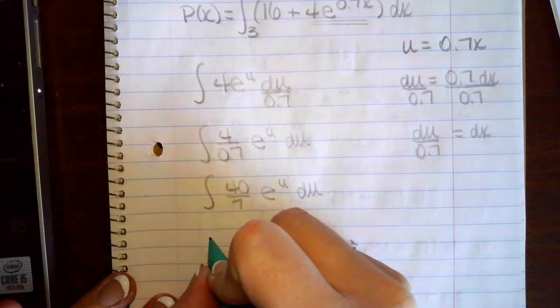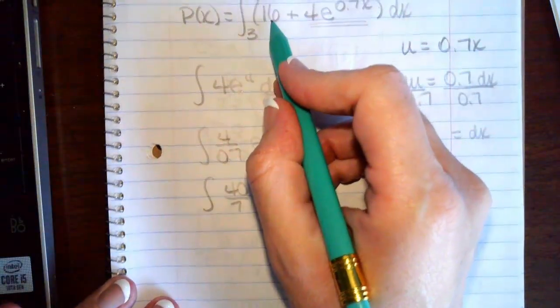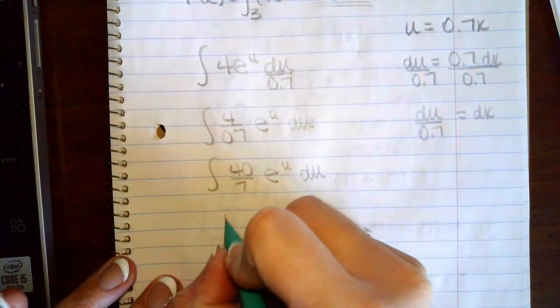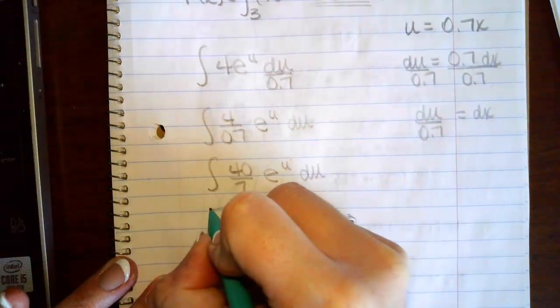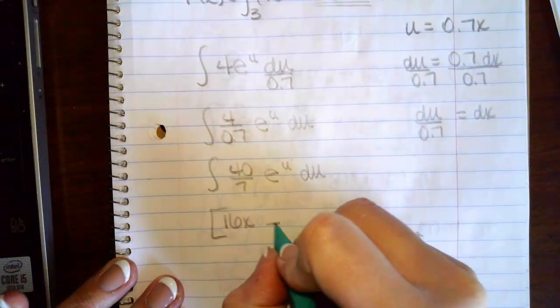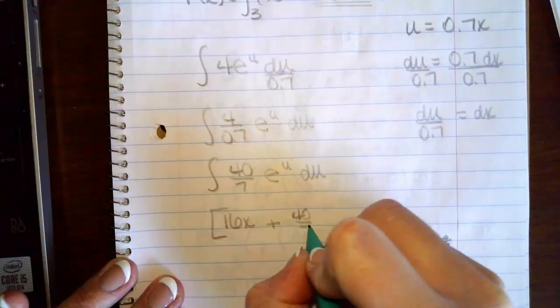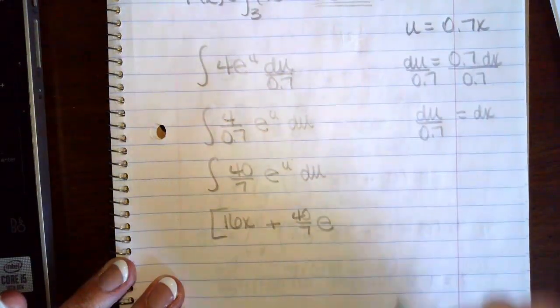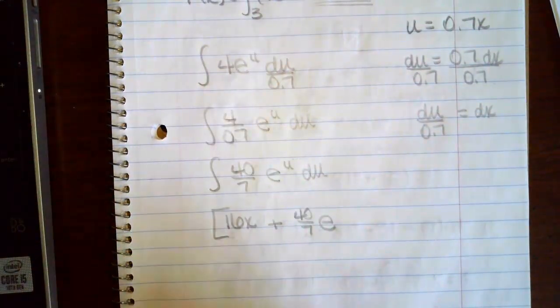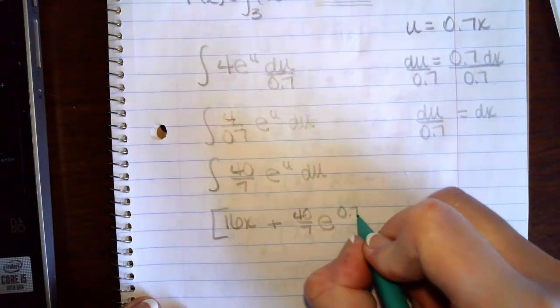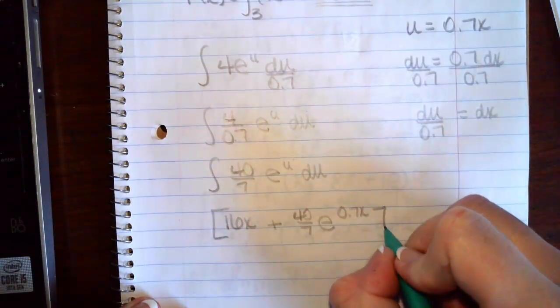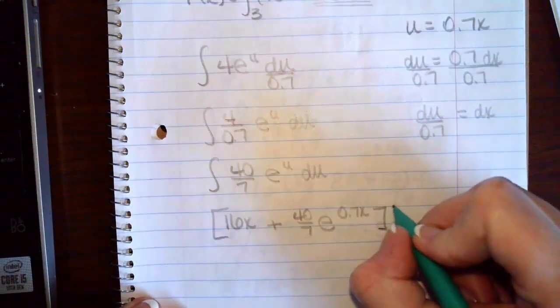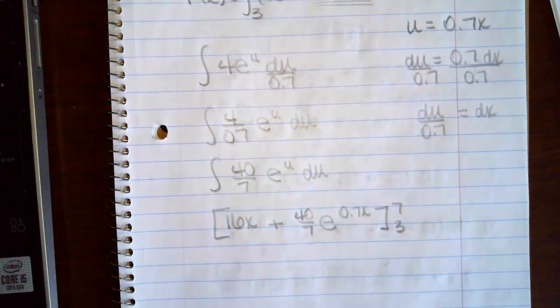So I now have the integral of 16 becomes 16x. The integral of 40/7 e to the u becomes 40/7 e to the u, which is 0.7x. And I'm going to take that from 3 to 7.